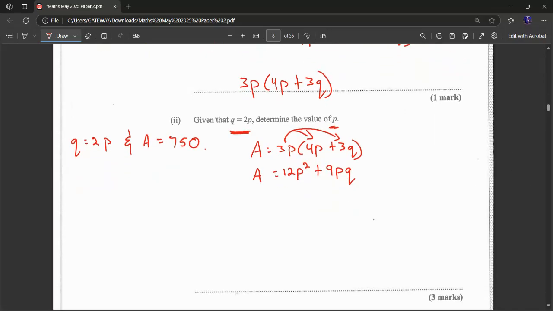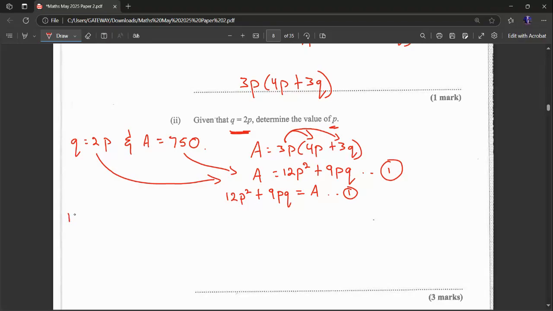I am now going to substitute these values into the equation. So I could call this equation 1. I'm going to substitute those values into equation 1. Before I do that, I'm going to flip it one time. So I have 12P squared plus 9PQ is equal to A. This is the same equation 1, I just flip it, because I know I want to solve for P. I like my unknown on the left hand side.